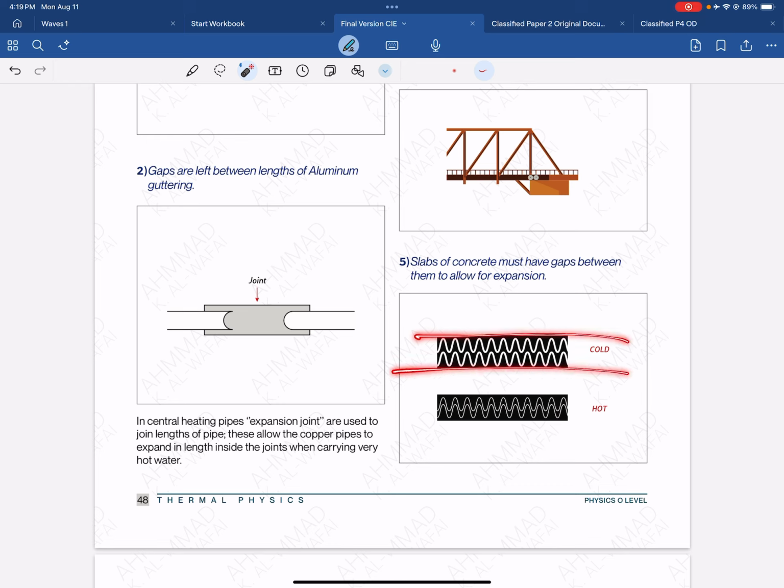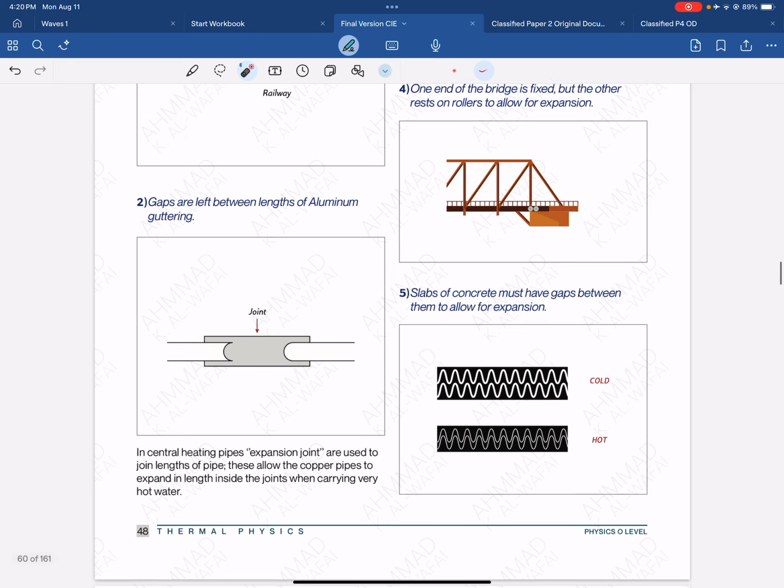It's an expansion joint. If this is a concrete slab and this is a concrete slab, in the cold it goes backward, and in the heat it expands. As you can see, these forks go inside, as we call them, expansion joints. These are created so they don't allow the concrete slabs to buckle.